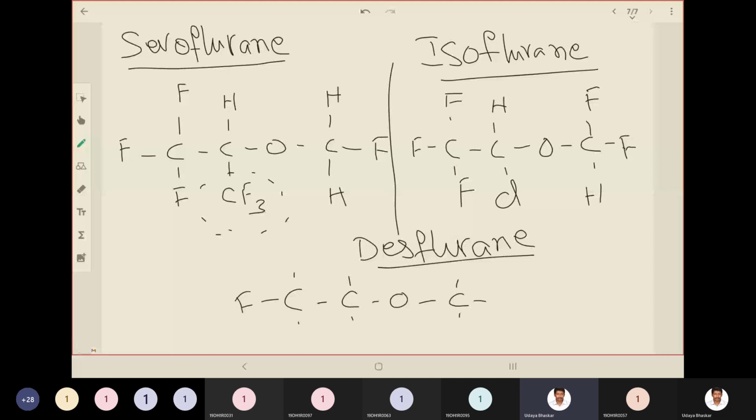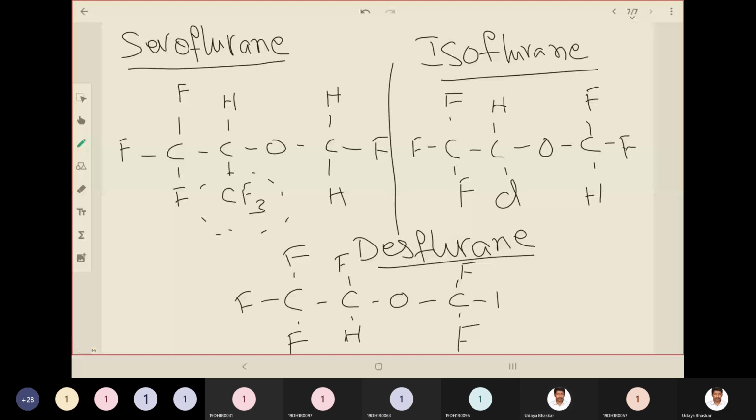Three fluorine atoms are attached to the first carbon. On the second carbon you have fluorine and hydrogen. On the third carbon you have two fluorines and one hydrogen.